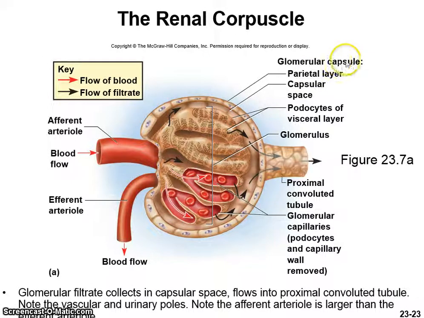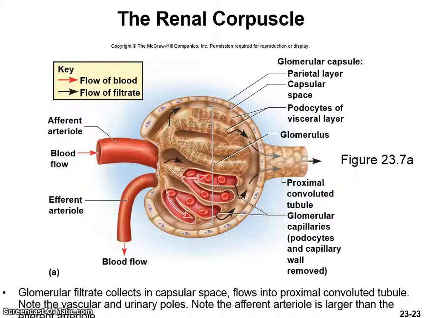So the glomerular capsule. First we have the outer layer, which makes up the parietal layer. Anything that comes up as peri, like parietal, perimeter, peritoneum, just means around. So the parietal layer is going to be the outermost layer.